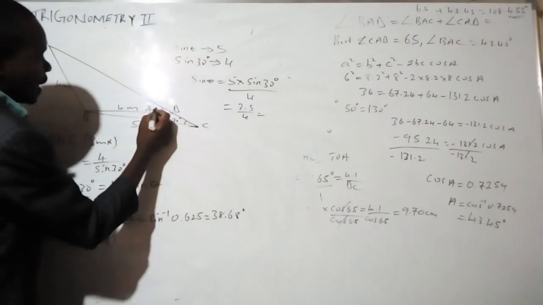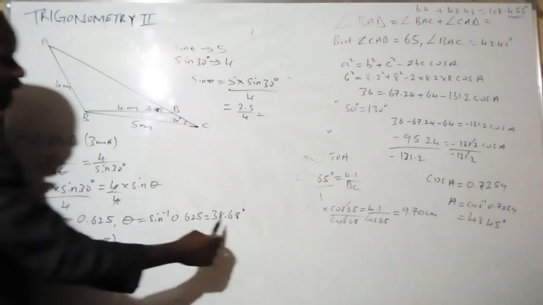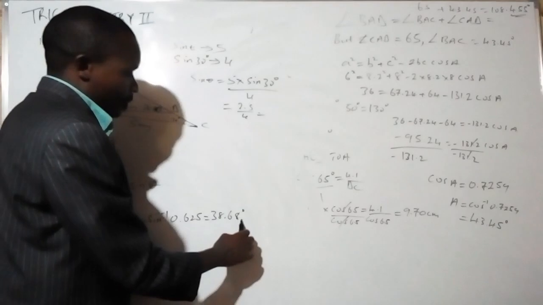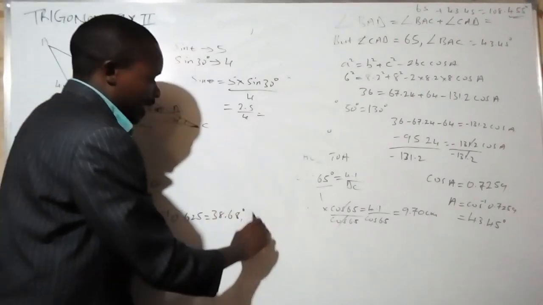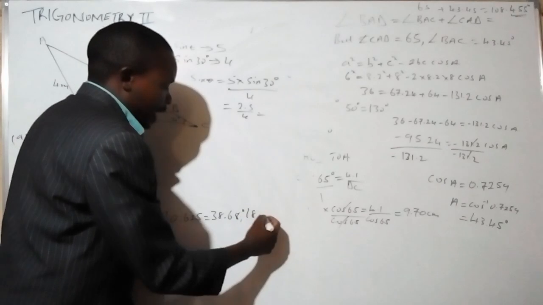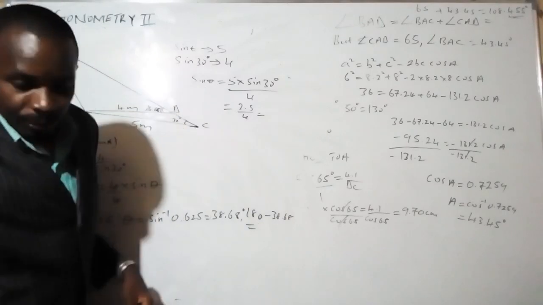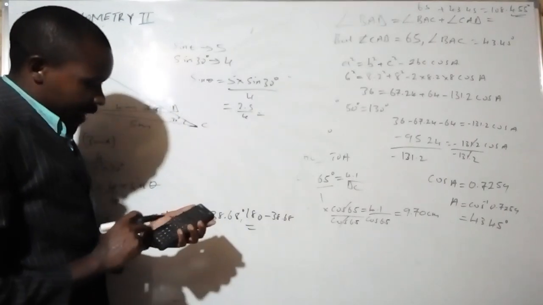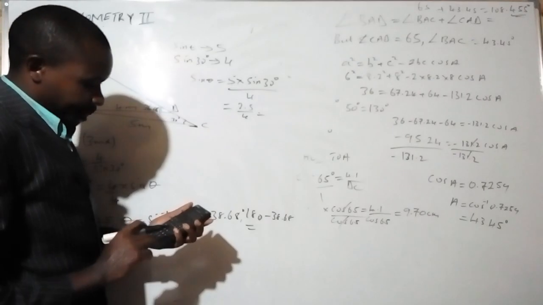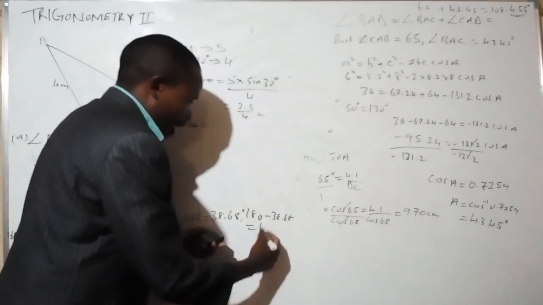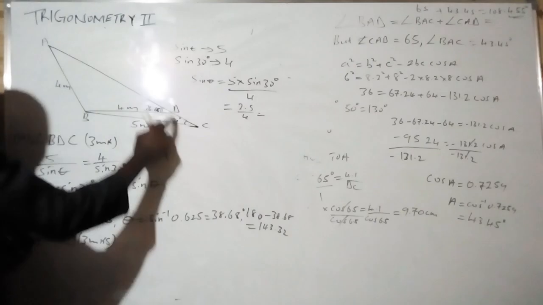To get BDC, we are going to subtract this 36.68 from 180, because angles on a straight line are supposed to add up to 180 degrees. 180 minus 36.68, we get 143.32, correct? BDC is supposed to be 143.32.